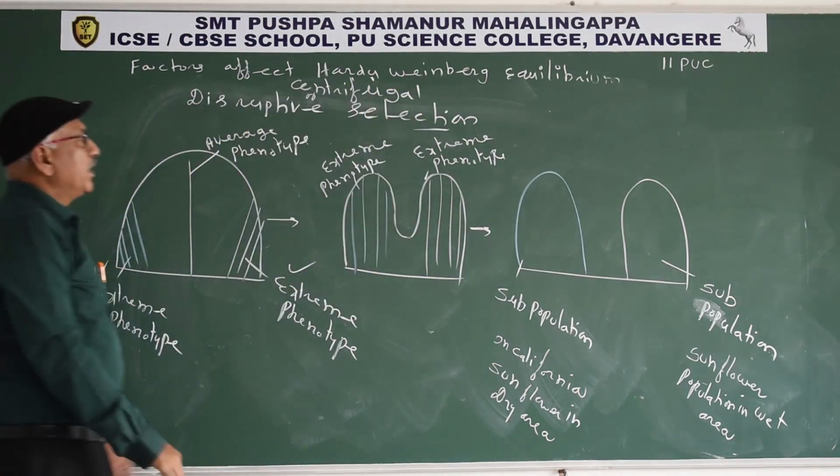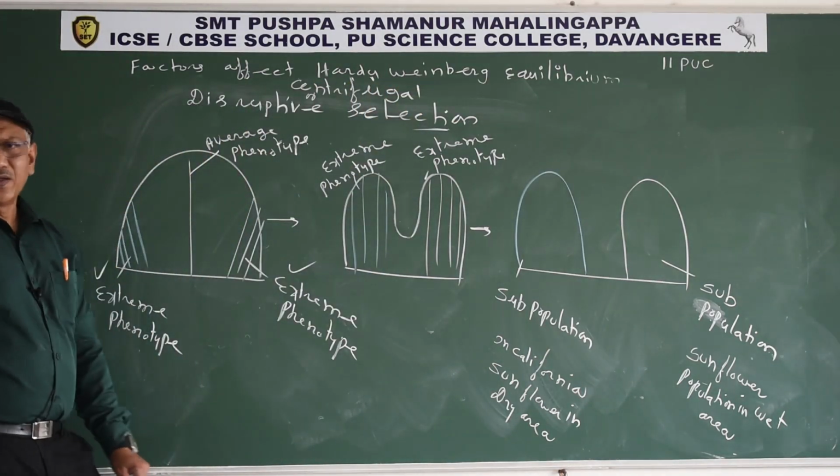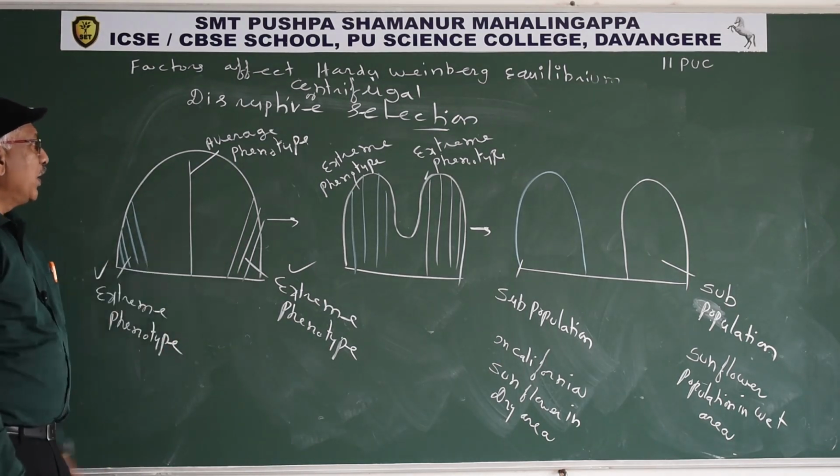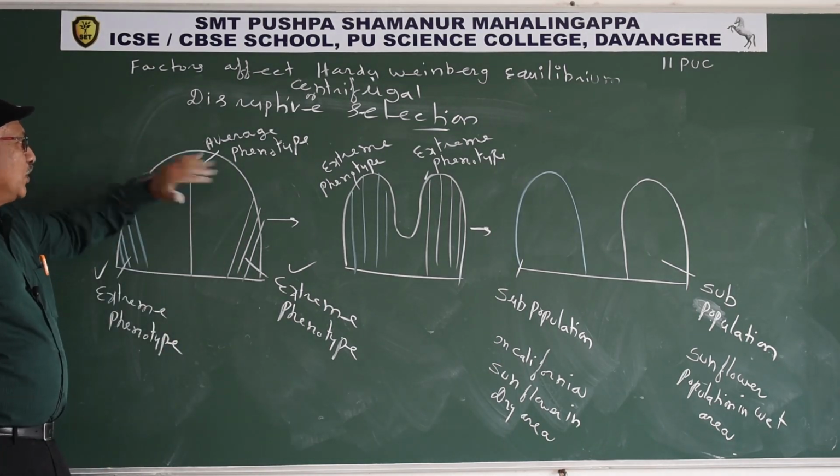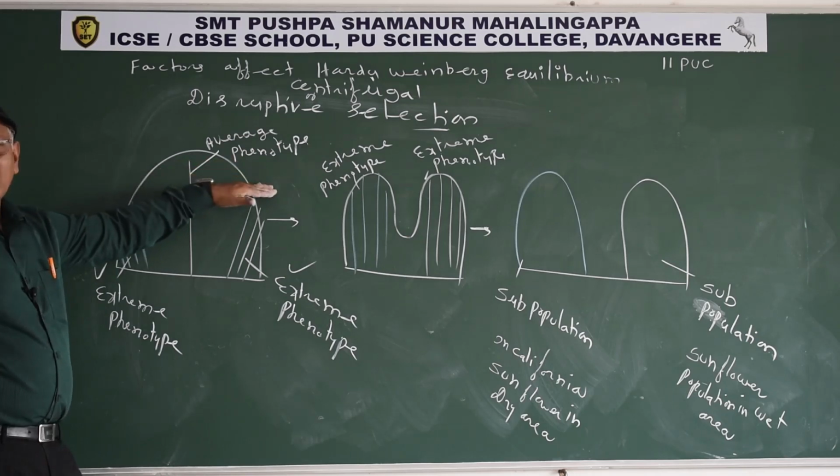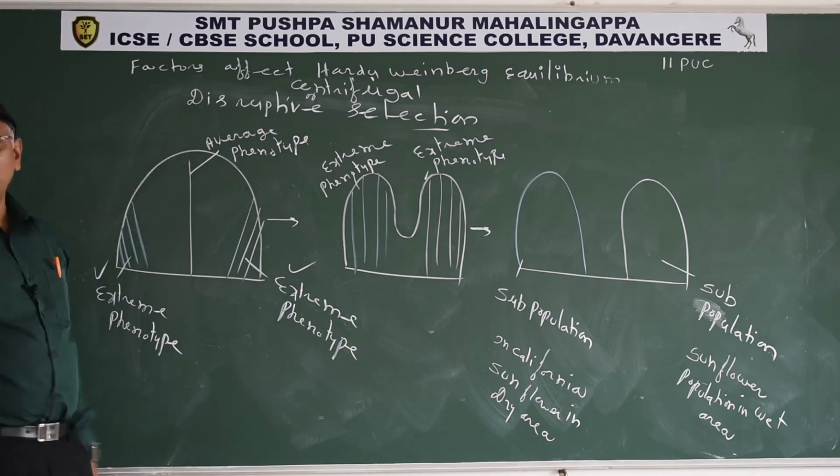Disruptive selection or centrifugal selection operates in a heterogeneous environment, meaning at present there is a homogeneous environment. The existing environment is suitable for the average phenotype.